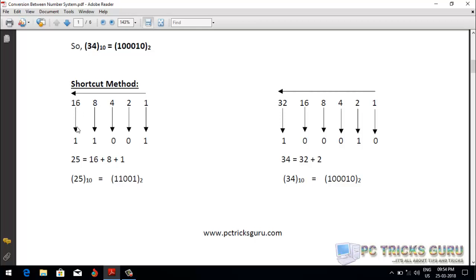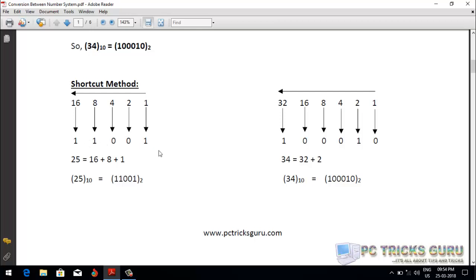So 16, we write it 1, 8 is already here, so we write it 1, 4 and 2 are not taken, so we write 0 and 0 in place of 4 and 2, and 1 is already taken, so it's 1. So the final result which we get is 11001.